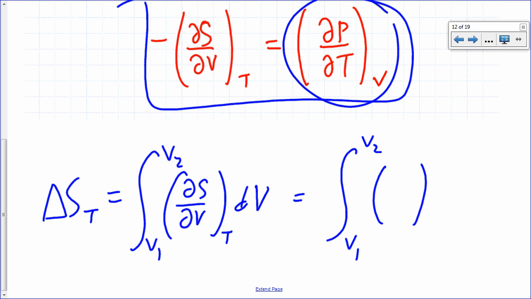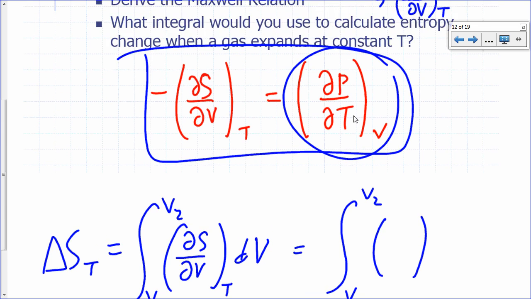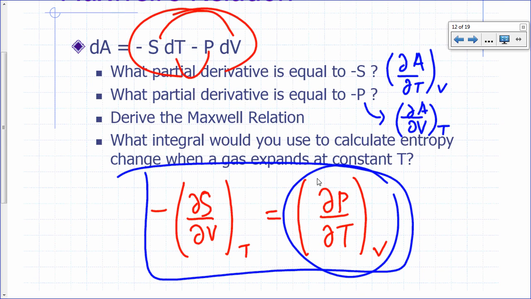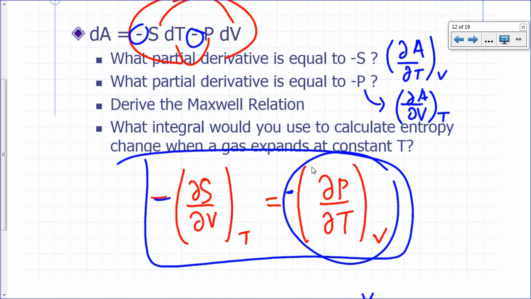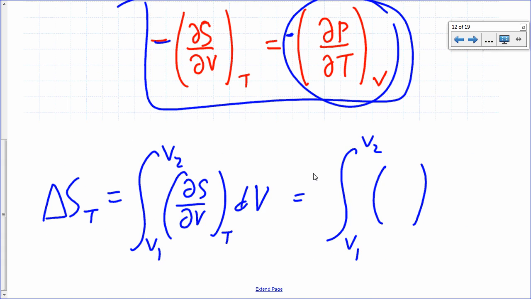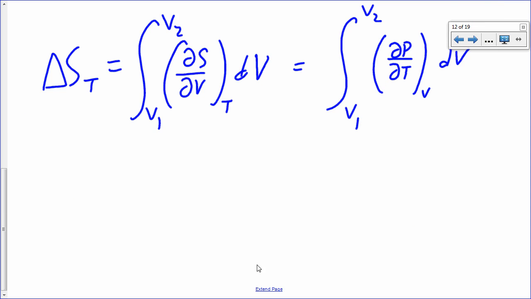So that's going to be, oops, hold up. This should be negative, right? Negative and negative, so they're both. This is negative and negative. So this is going to be partial of P with respect to T at constant V dV.